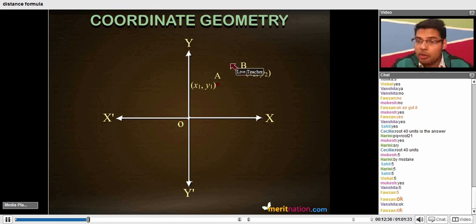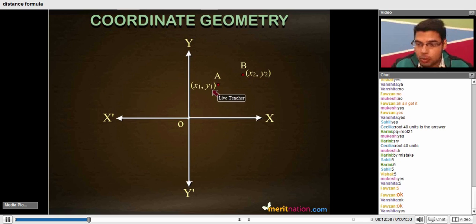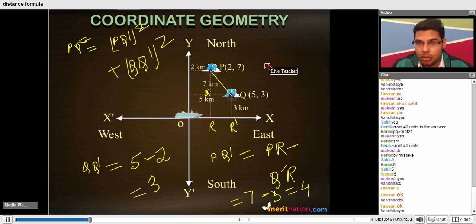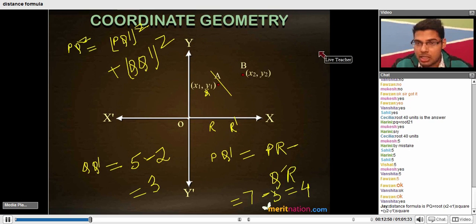So can't we simply do it as we did in the previous example? Yes. The only difference is, in place of x1 y1 there was some other point, and in place of x2 y2 there was a definite value. So the values were 2,7 and 5,3. The rest of the procedure is the same.